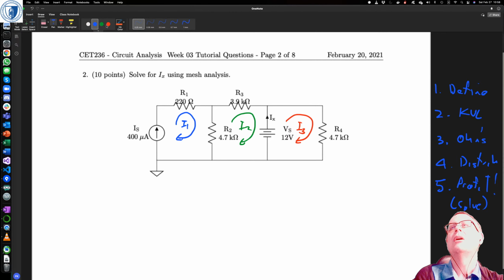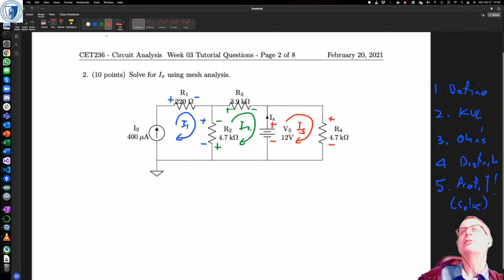And I'm just going to go through, and like I said, I prefer putting the appropriate polarities on. All right, so once we've got those on, at least on all the passive devices, the active devices, we've got to stick with their directions. Okay, what's next?